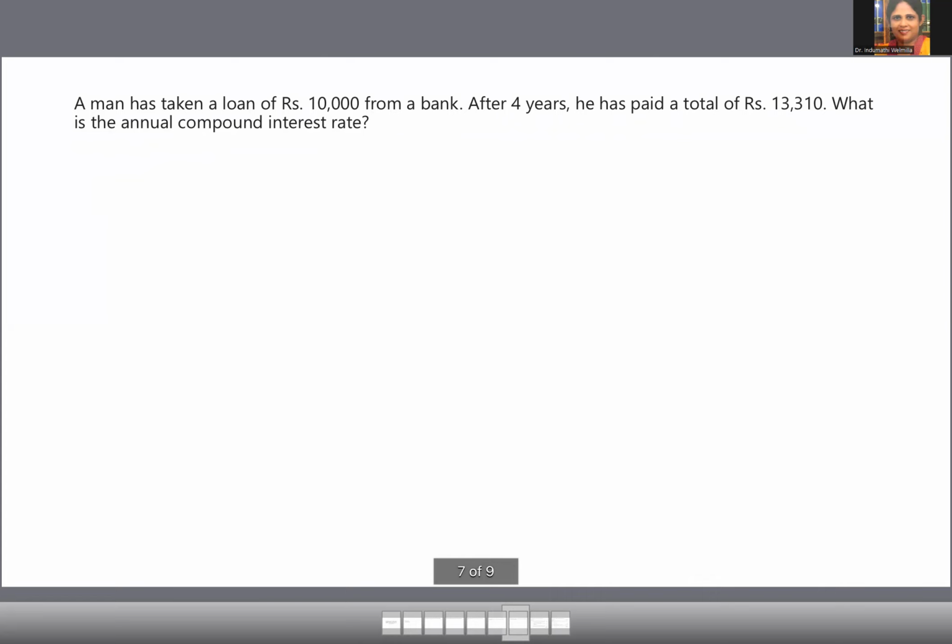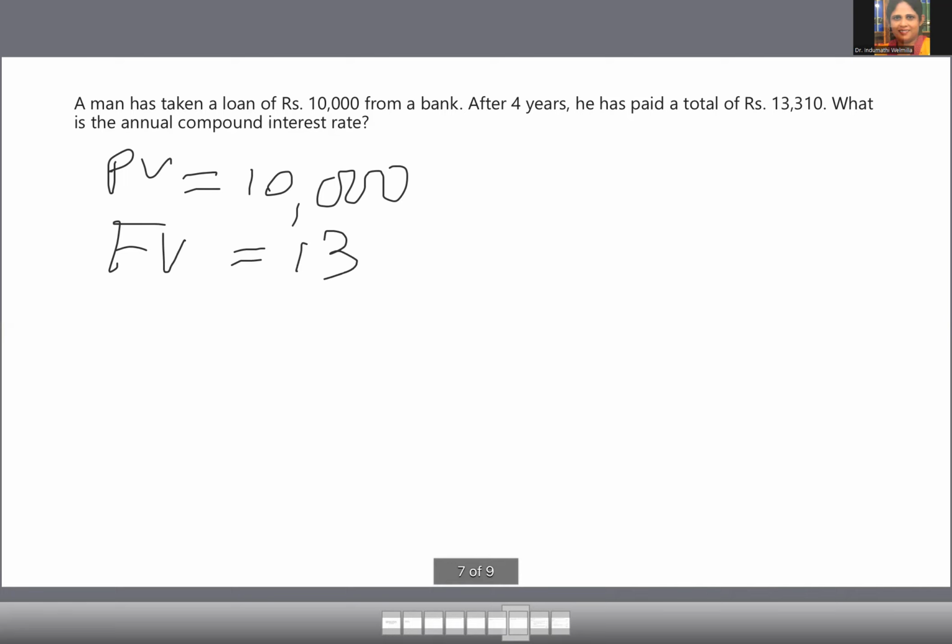Okay, so be careful to answer the question with focus on what they are asking. So in this case, present value I'll write here, rupees 10,000, and future value is also given here. FV equal to 13,310.